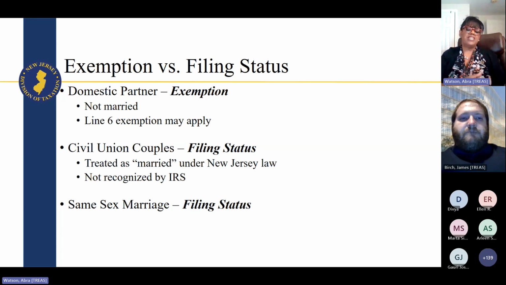They have to have a certificate of domestic partnership that they entered into at the municipal level, and they have to meet certain guidelines to qualify to do that. But again, it is not considered married, and so it is not considered a filing status.